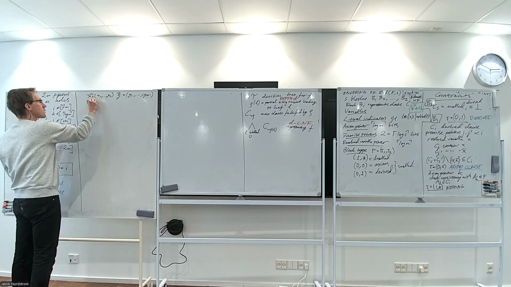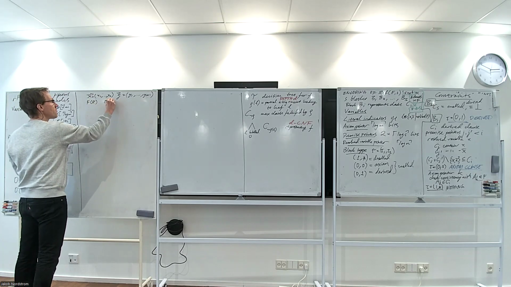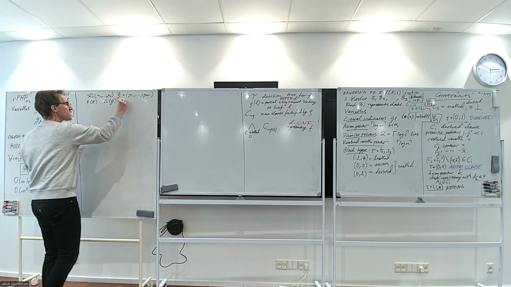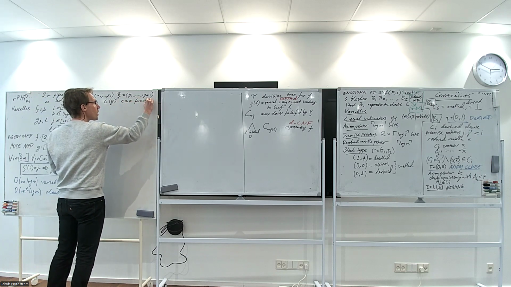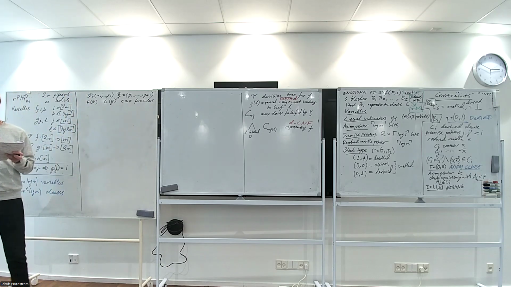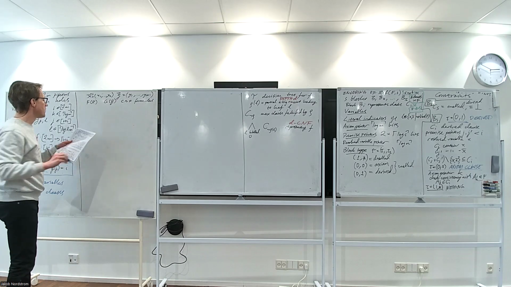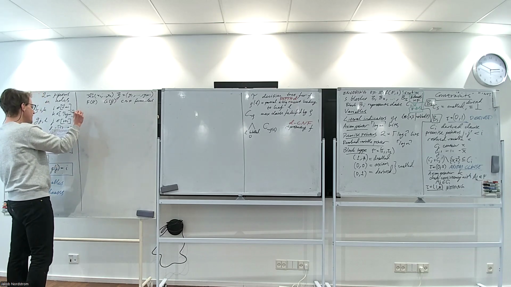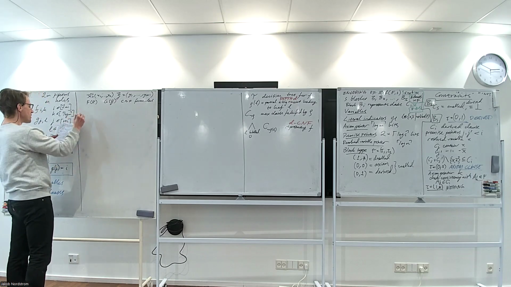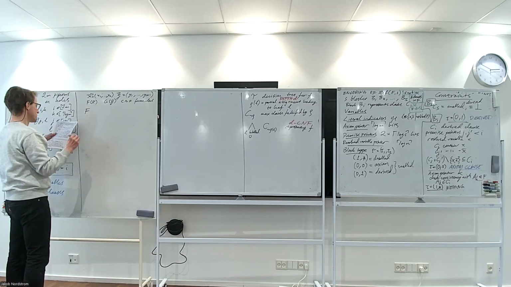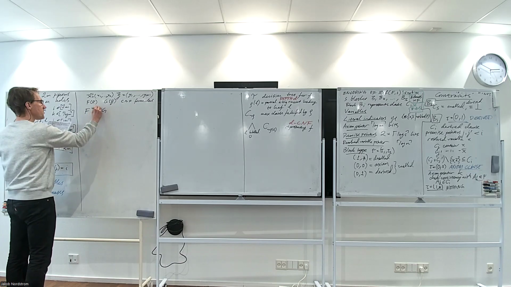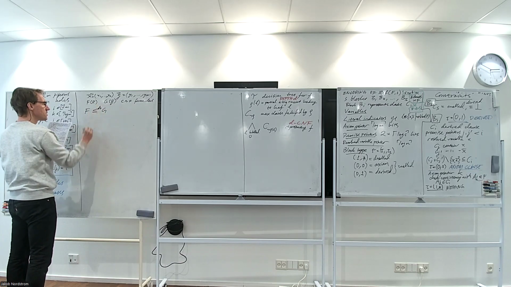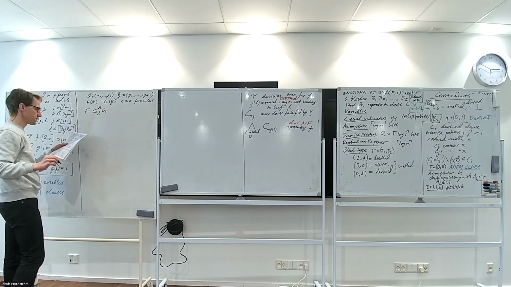f of x and g of y are CNF formulas. So now I want to talk about how to reduce f to g. So I say that f reduces to g via decision tree reduction in depth d.